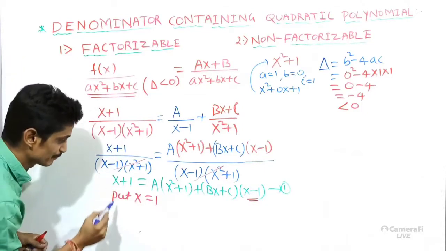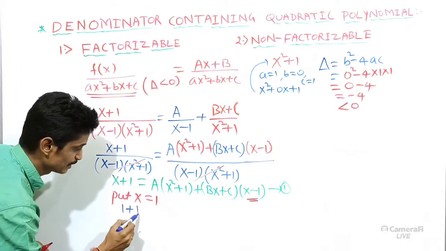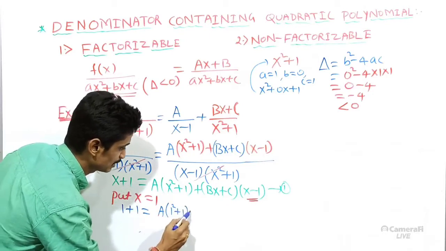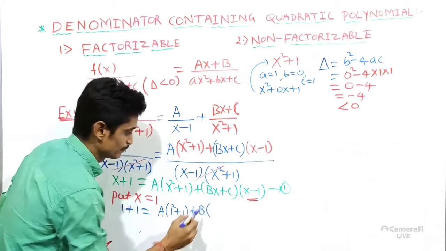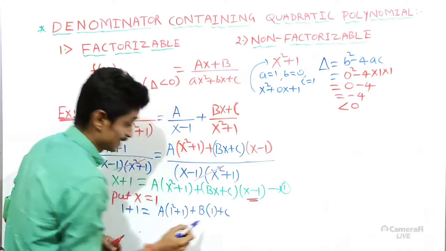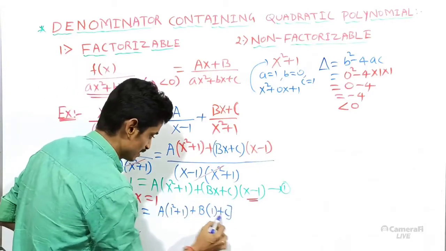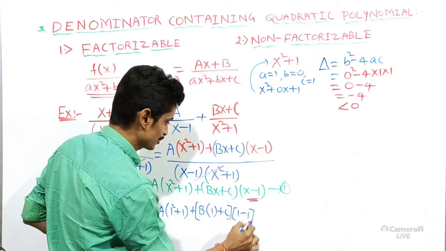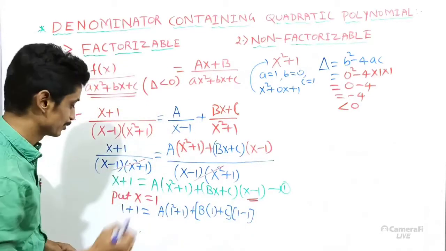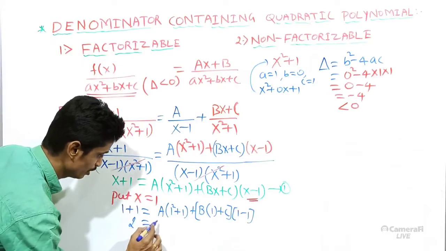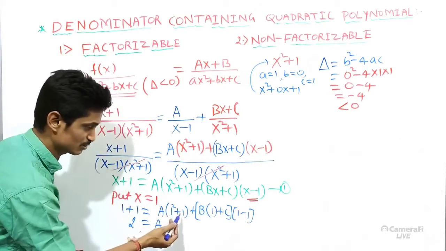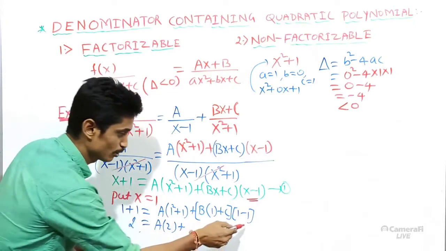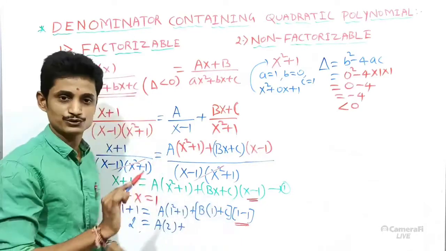Then wherever x is there, 1 plus 1 is equal to a into 1 square plus 1 plus b into 1 plus c. Binomial is there, take one bracket, into 1 minus 1. Completely that becomes 0. So 1 plus 1 is 2 is equal to a into 1 square is 1 plus 1. It becomes a 2. Not necessary to write this whole part because 1 minus 1 is 0.